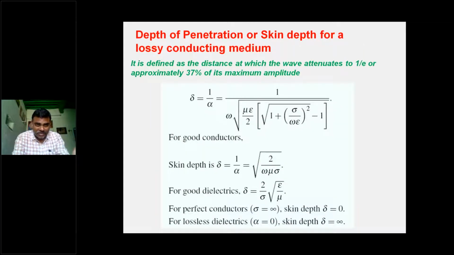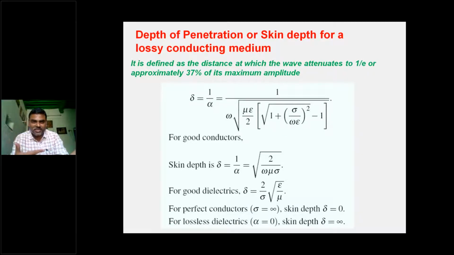Whatever the term in the solution of the uniform plane wave for the conducting media, e power minus alpha z, that exponential term is indicating that the EM wave, or the magnitude of the magnetic field, is decreasing as it travels, until the wave is attenuated to 1 by e times of its maximum value.